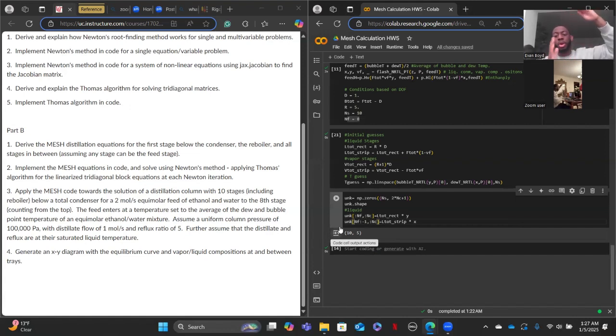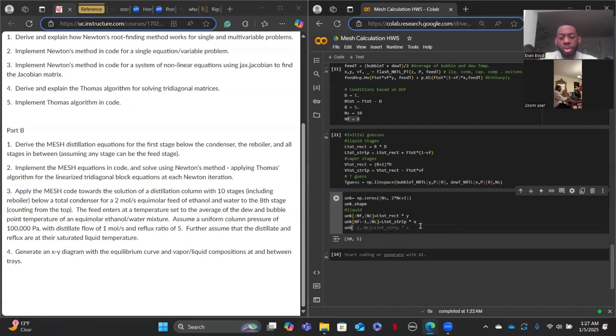So it'll be NF colon to -1. -1 is capturing our last point, the column 10 in this case. So we're stopping at column 10 before we get to the reboiler, because the reboiler is the 10th row. And of course it'd be the same as well. We're capturing 2 by 2. And this would be for stripping.